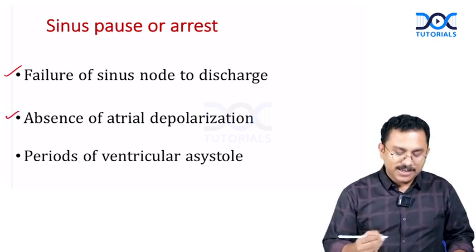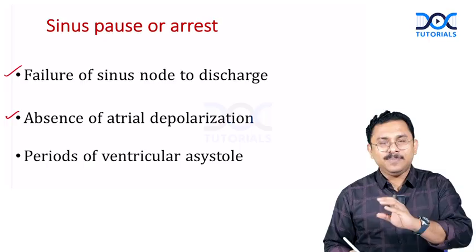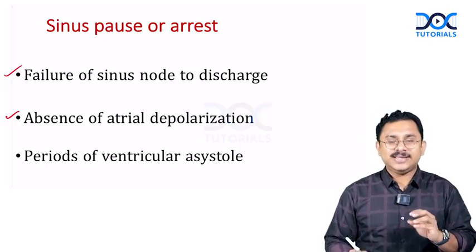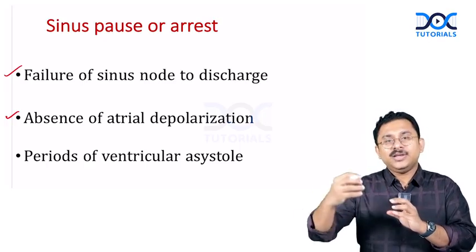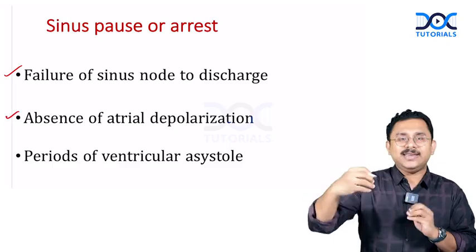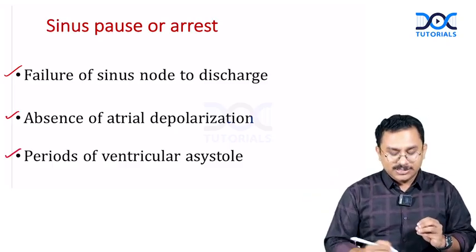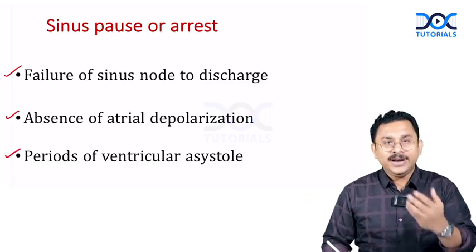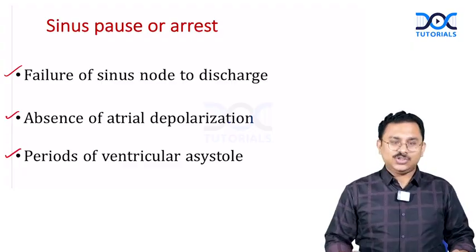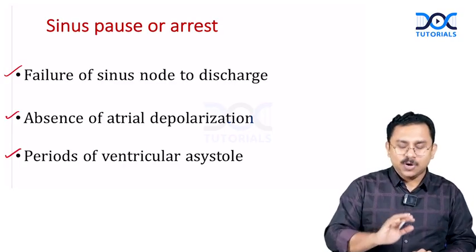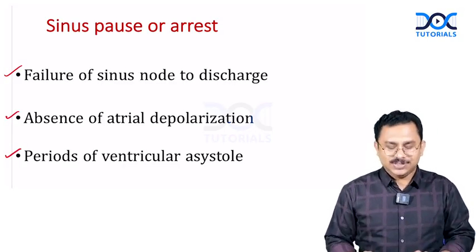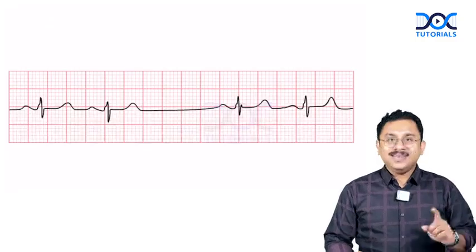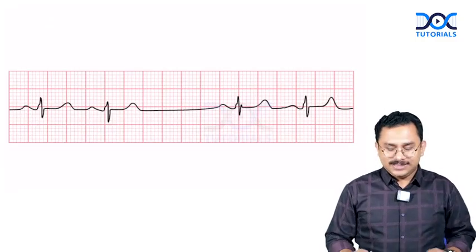And because of that, there is no atrial depolarization. And not just that, during that period, there is no other pacemaker taking an upper hand, because of which there is a period of ventricular asystole as well. So this is a sinus pause or a sinus arrest. Okay, right. Now, coming to the next ECG.